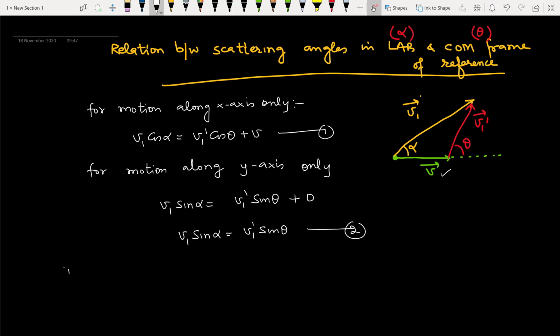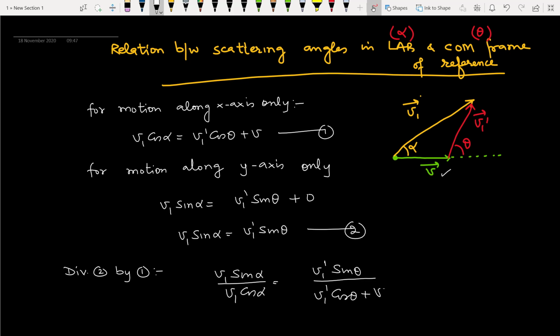Now divide equation number 2 by equation number 1. We will get v1 sin alpha over v1 cos alpha equals v1 dash sin theta over v1 dash cos theta plus v.